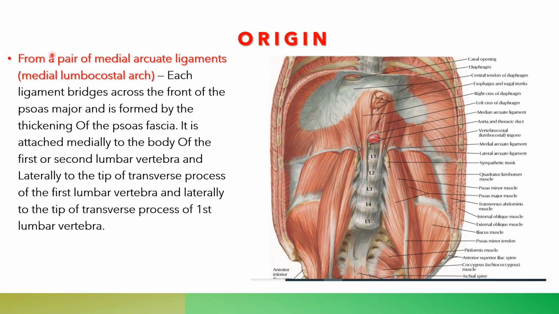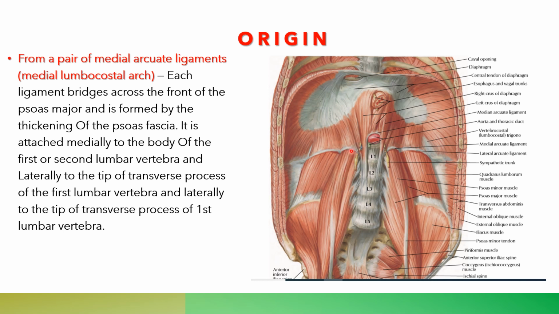Now, where are these medial arcuate ligaments? Let me show you. This is the medial arcuate ligament, a pair of them, this one and this one are both medial arcuate ligaments.